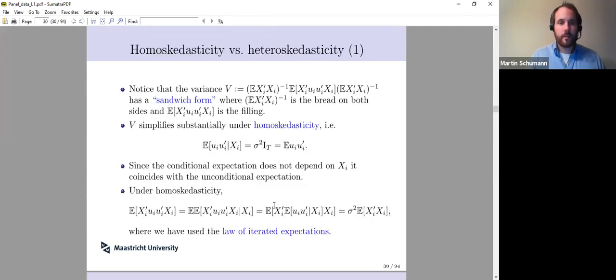Yeah, so again, the variance V has, as I said before, the sandwich form. This thing here can be regarded as the bread on both sides, and this part here is the filling.